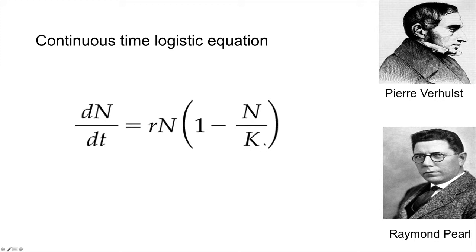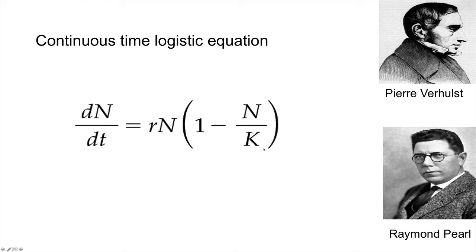Effectively, K has the effect of putting the brake on N. As N gets really large, the overall rate of change of this population gets smaller and smaller because this fraction gets closer and closer to 0. In fact, as N approaches K, then this really does become close to 0.